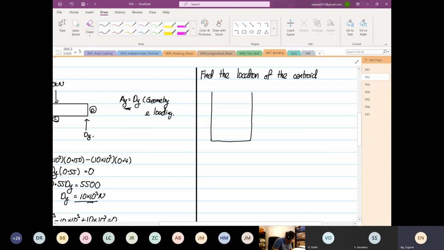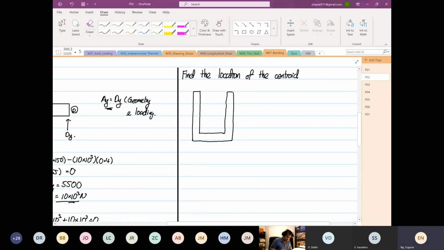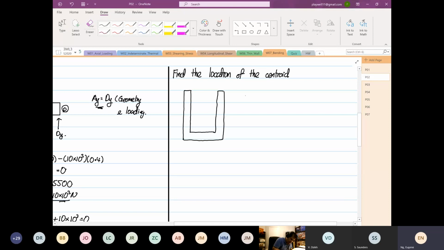For this case, it's not so straightforward where the centroid is. We have to find it. So how are we going to find it? I think you guys have found centroids before. Am I right? We have done examples where you find the centroid.